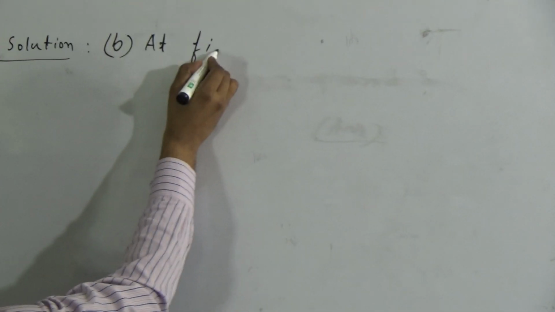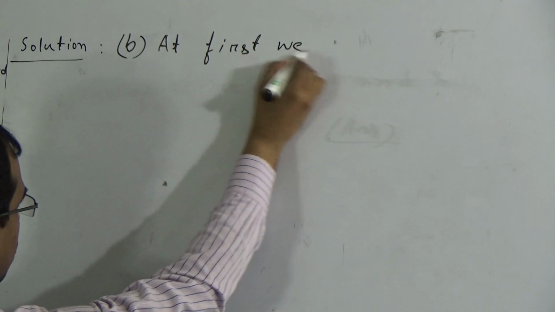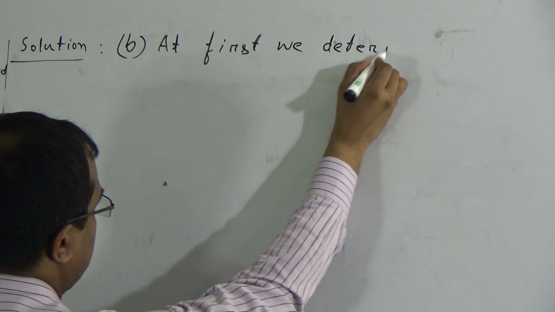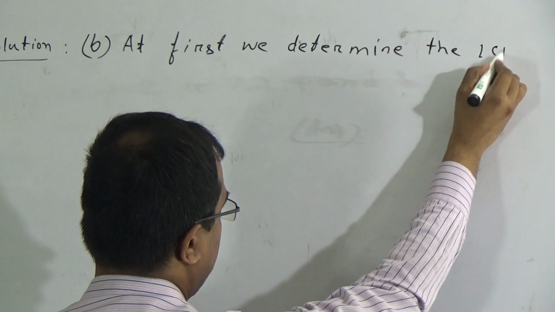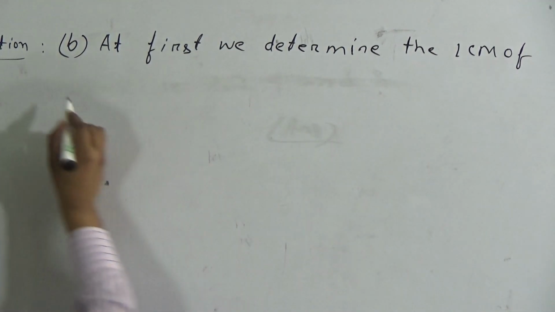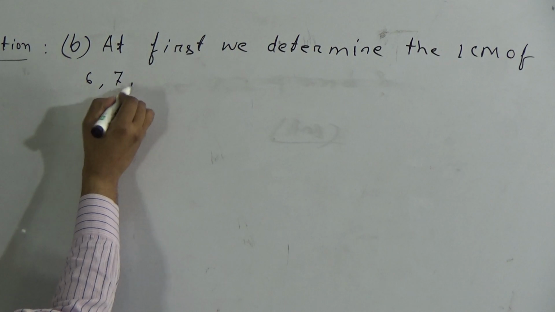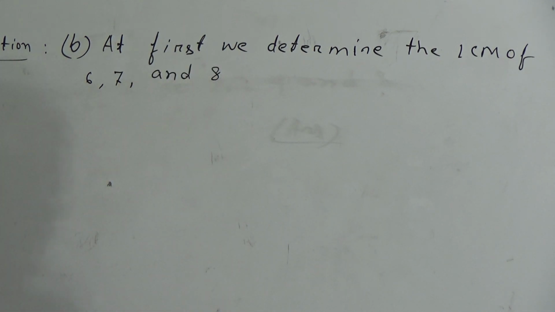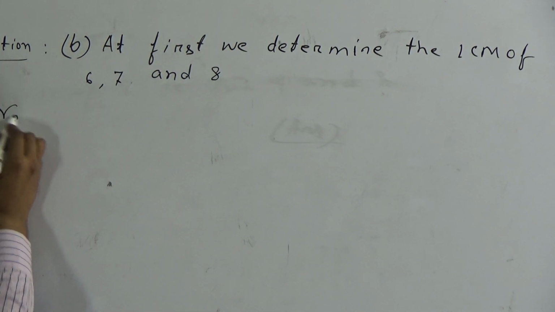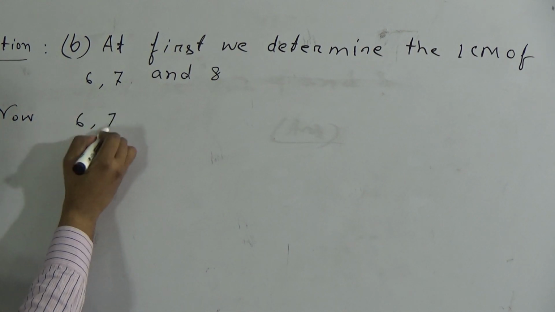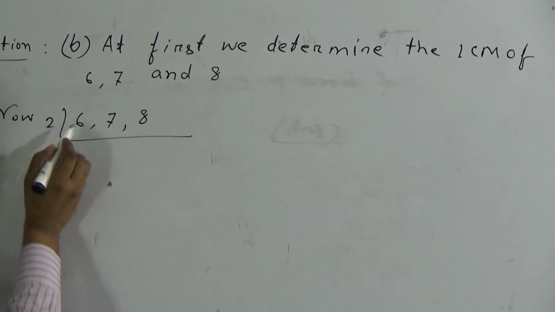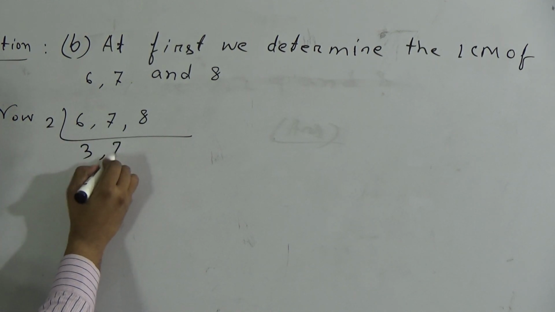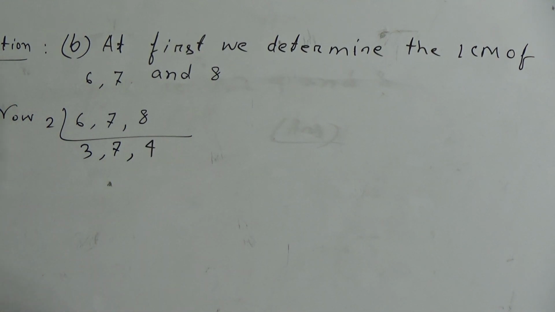At first we determine the LCM of 6, 7 and 8. Now 6, 7, 8. 6 and 8 are divisible by 2, so it will be 2 3s are 6, 7 and 2 4s are 8.